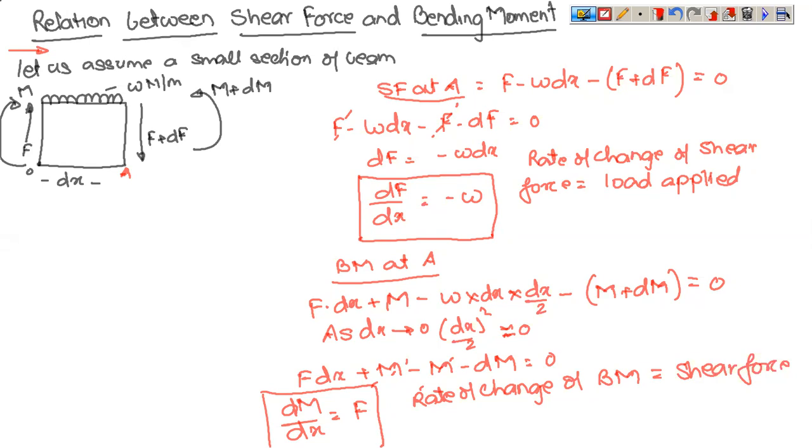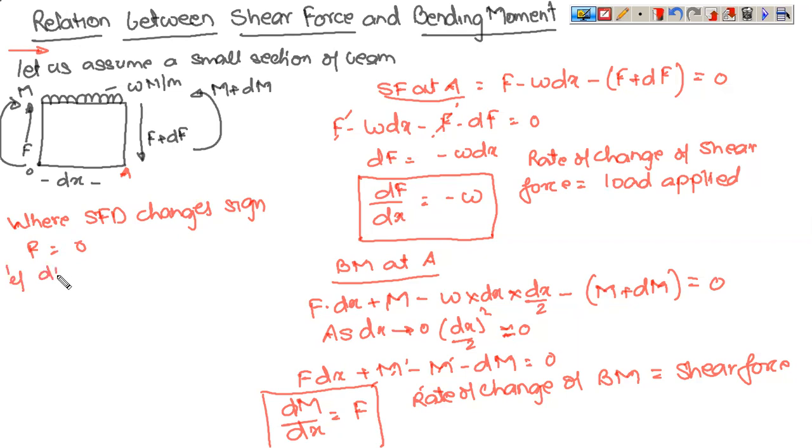Now dM by dx means the first differential of the moment equation. So if the first differential of the moment equation is equal to 0, wherever the shear force diagram changes sign, where SFD changes sign, F is equal to 0.